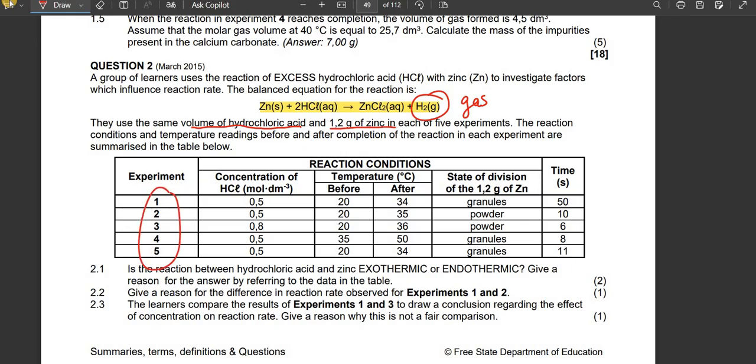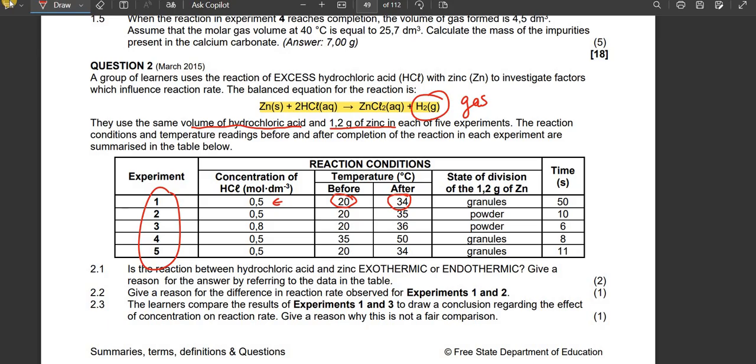So the volume was constant, the mass was constant. So what was being changed? Look at experiment 1. This was the concentration, and then the temperature. They started with 20 degrees, and then they now use 34. So they changed the temperature. That tells you that that is the independent variable there. That is the factor that was changed.